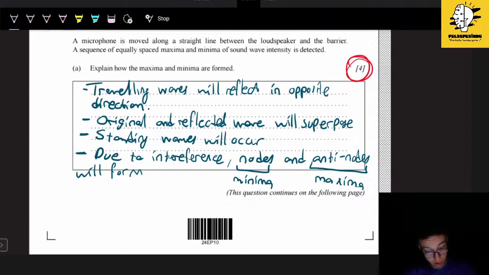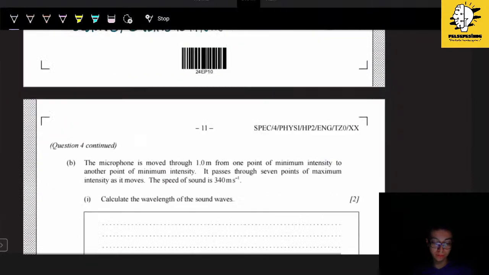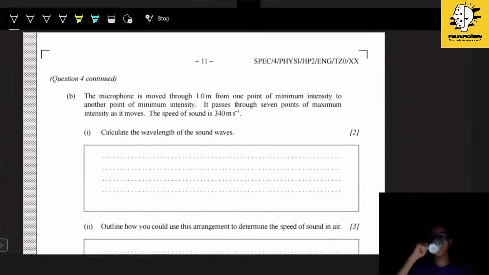No, you have to write destructive or constructive interference. You have to write those terms. You cannot write that their amplitudes add up or subtract. It doesn't work. So should we go with the next question or pause for a second?